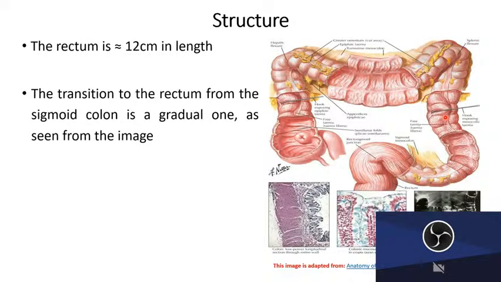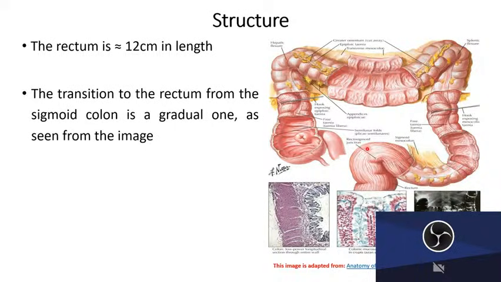But again, when we look at the rectum, there is a gradual transition from the sigmoid colon to the rectum. First, the peritoneum as well as the mesentery. The mesentery is a structure that anchors the bowel to the posterior abdominal wall. You don't have that in the rectum.